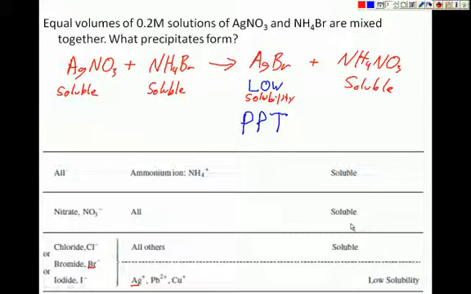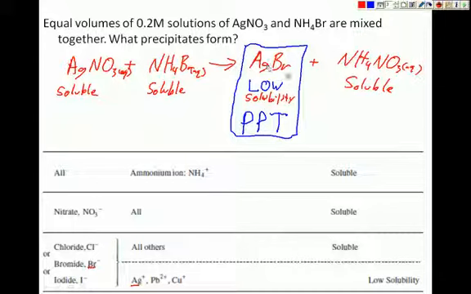And what we see right here is that this is going to be a precipitate that is going to form out. So right here we could write aqueous, aqueous, aqueous, and right here we would write a solid.